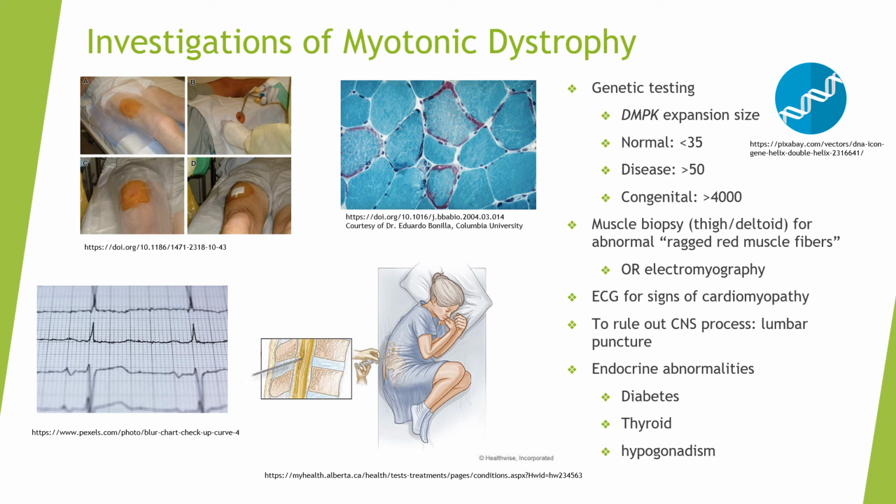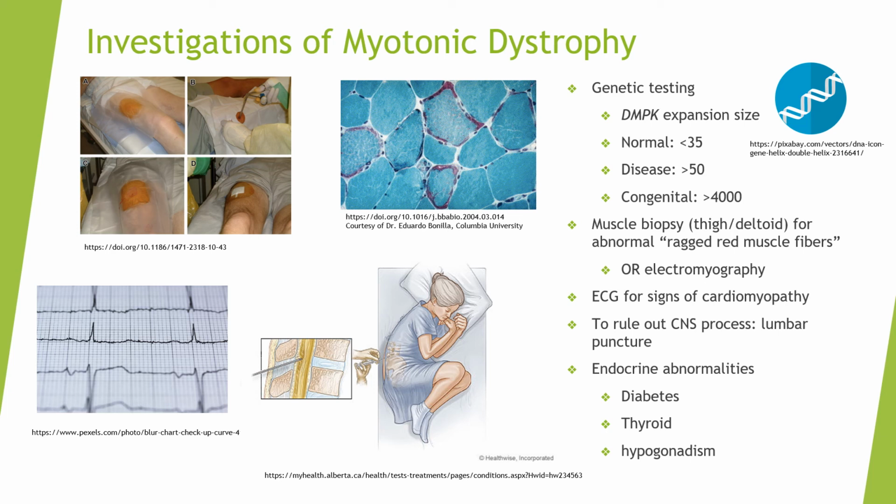Or if no biopsy, or in addition to biopsy, electromyography can be checked for any conduction abnormalities in the muscle. Look into the ECG for any signs of cardiomyopathy, and rule out a CNS process through lumbar puncture.